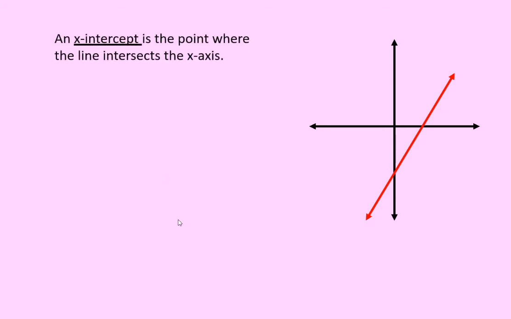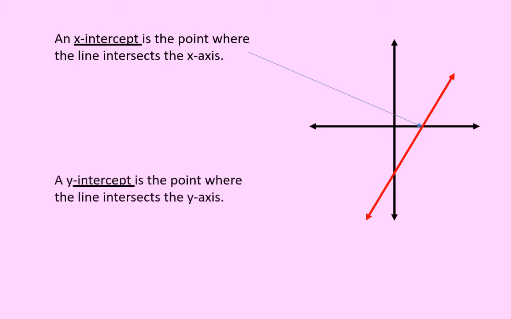An X-intercept is the point where the line intersects the x-axis. So with the red line being my line and the black lines being my rectangular coordinate system, my x and my y-axis, the point where my line crosses the x-axis is my x-intercept.